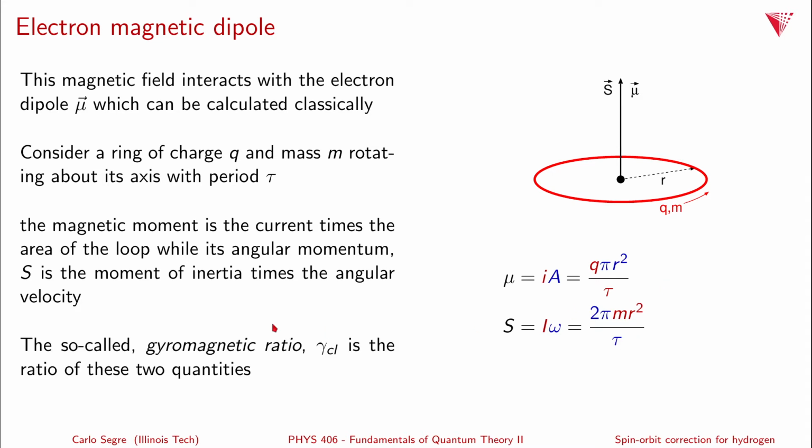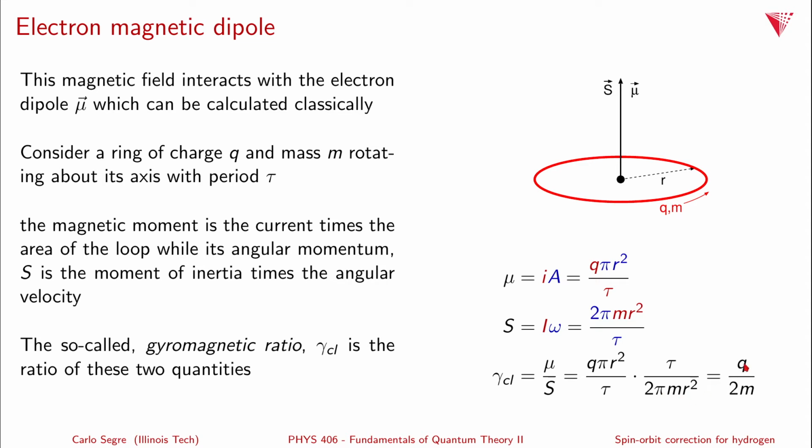So the gyromagnetic ratio, gamma classical, is simply the ratio of the two quantities that we've calculated. That is mu over S. We can take these two expressions and put them in. We get Q pi r squared over tau times tau over 2 pi m r squared.